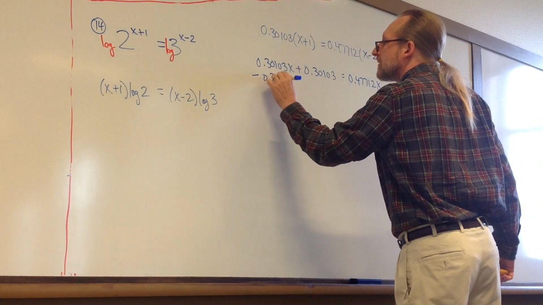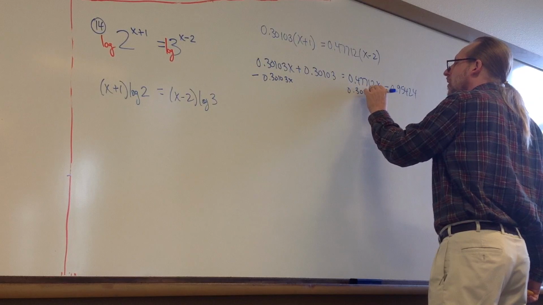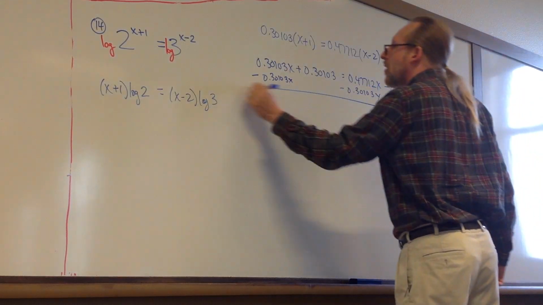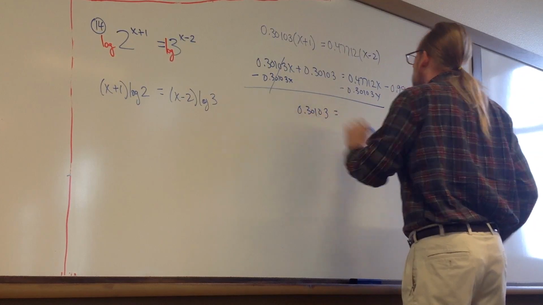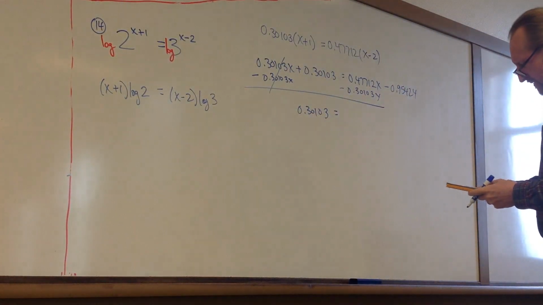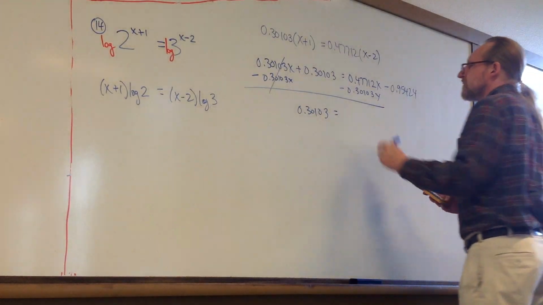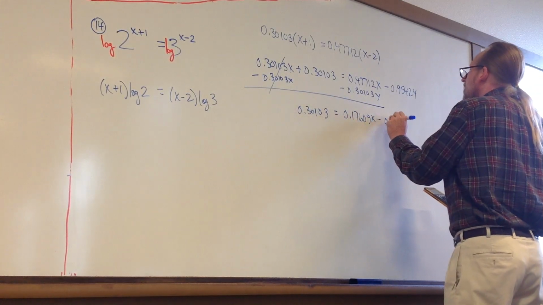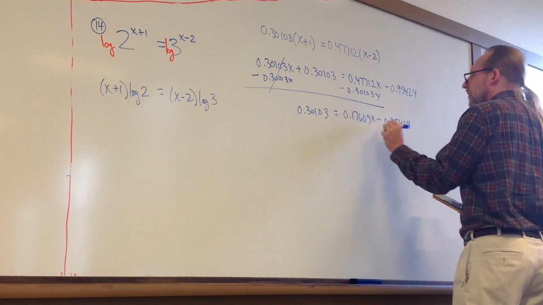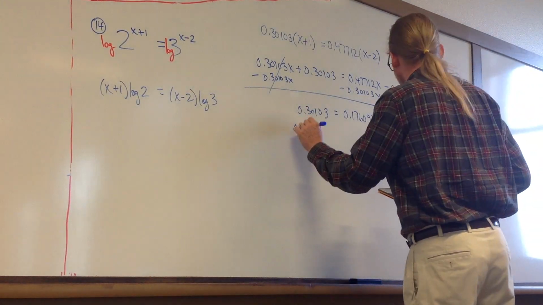So now let's get our x's together. I'll subtract this over here. So this will stay where it is. And then over here, 0.47712 minus 0.30103, 0.17609. Then we now want to add this over to the other side.